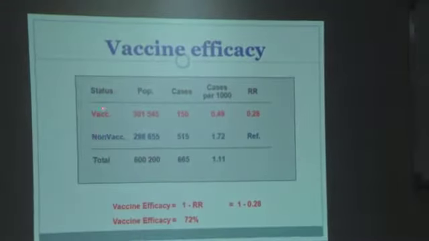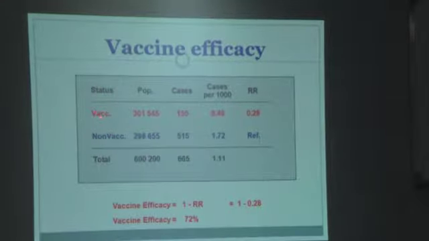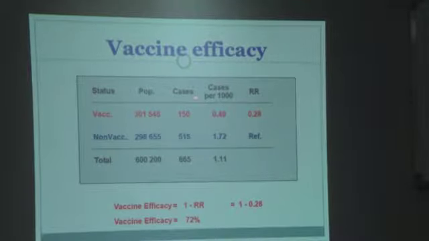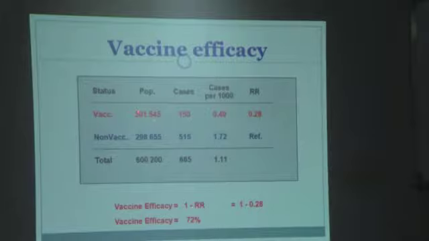It's looking at the relationship between having received the vaccine or not having received it, and the cases of disease. This could be measles, or any childhood disease that is vaccine preventable, hepatitis, pneumonia, TB, anything. So this is the population and the number of cases.